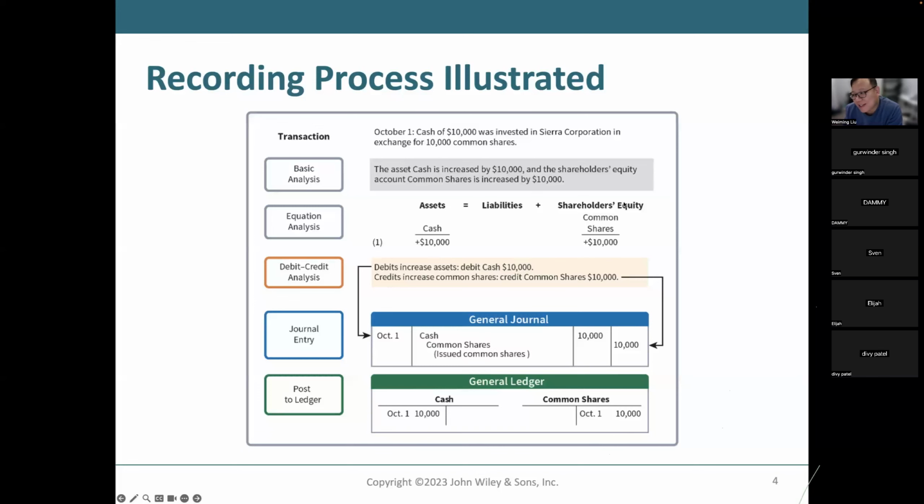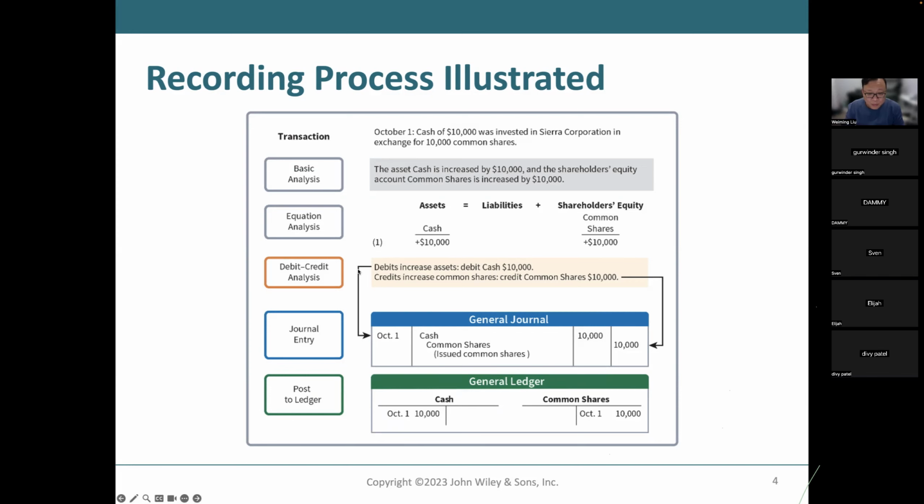My right side of the accounting equation, shareholders' equity, common shares, increased by 10,000. So my equation, they increase for the same amount. So the equation is still balanced, right? If you put the same weight on both sides, that balance is still balanced, right?